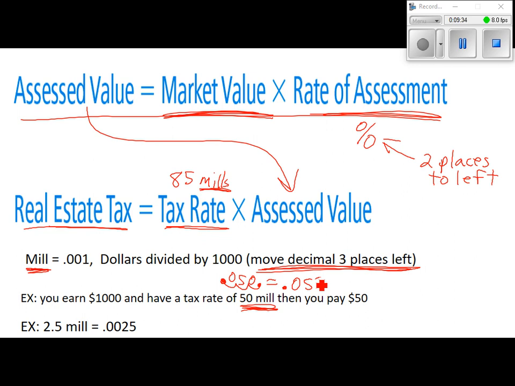Another example, 2.5 mills, like in the example at the bottom: we bump it 3 places and get 0.0025. So percent, you bump 2 places; mills, you bump 3 places.